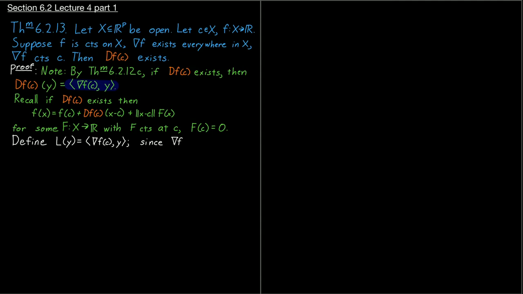Since grad f of c is a vector, it's necessarily in R^p. L is a linear functional from R^p to R. And we're going to let big F of x be 0 if x is equal to c. And if x is not equal to c, it's going to be the following complicated thing.